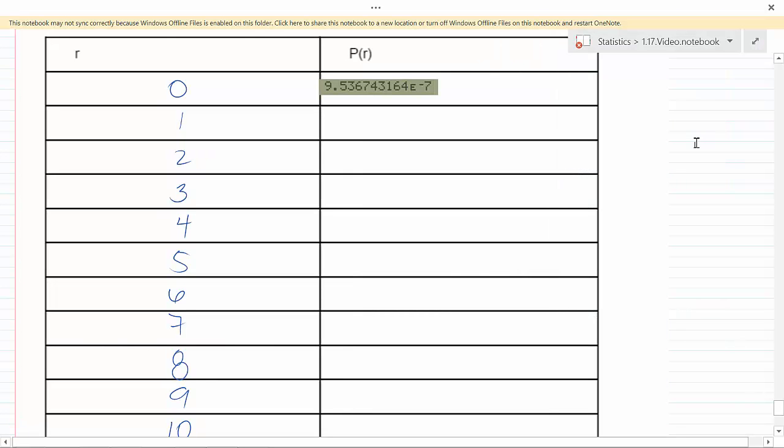When I'm converting this from scientific notation, I'm going to move the decimal place 7 spaces to the left, which means I'm going to have 6 zeros, and then the rest of the decimals that were there. I'll go out to here. So it's a really low probability that you're going to have no good grapefruit out of the 10.